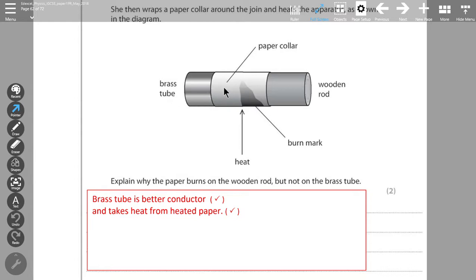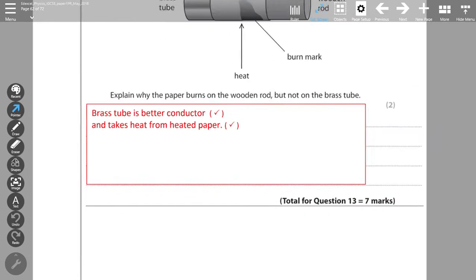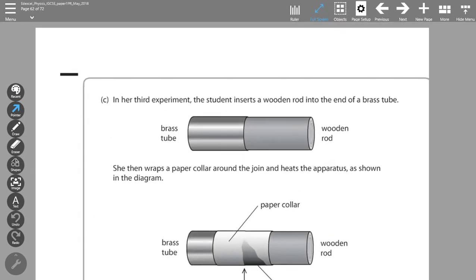Because brass takes heat away quickly so it doesn't remain, but the wooden rod doesn't take heat, so it remains and burns the paper. Explain why the paper burns on the wooden rod but not on the brass tube. The brass tube is a better conductor and takes heat from the heated paper. This is why it is not burned.